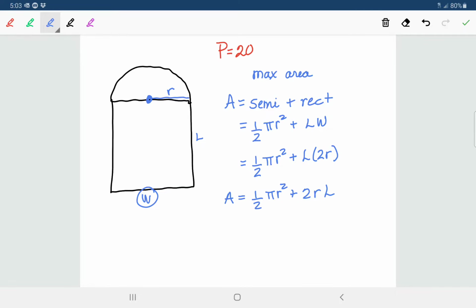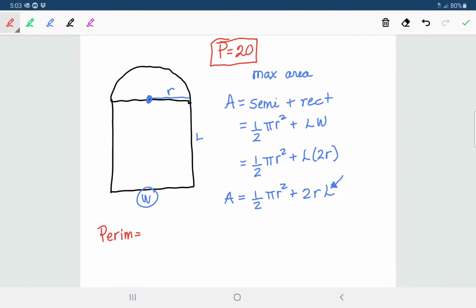Now the problem here is that we have the L. If we could get rid of that L, then we would just have r's and we could take the derivative with respect to r and be on our way. So we also have to use this extra information about the perimeter. If the perimeter is 20, let's see what the perimeter is.